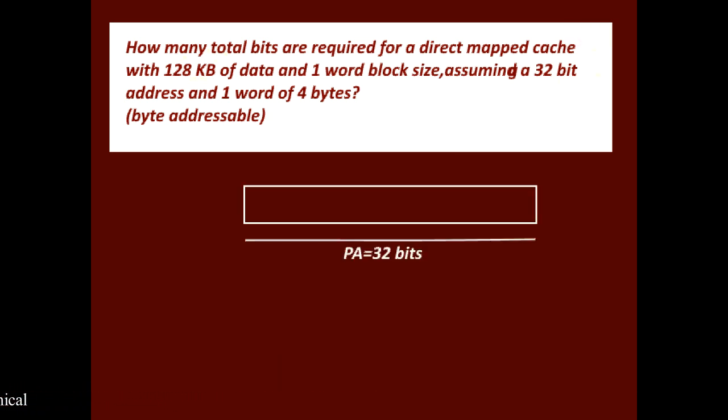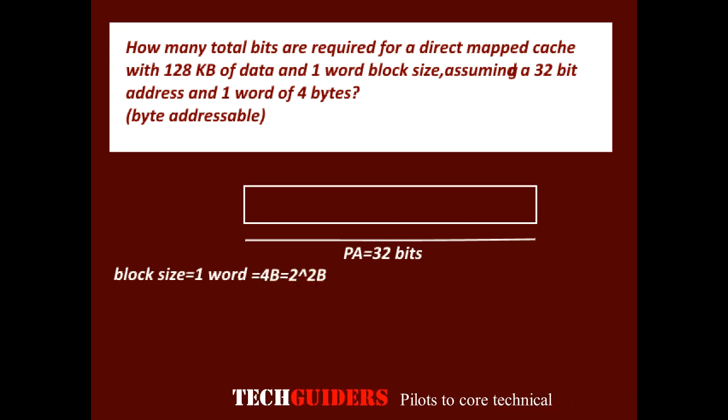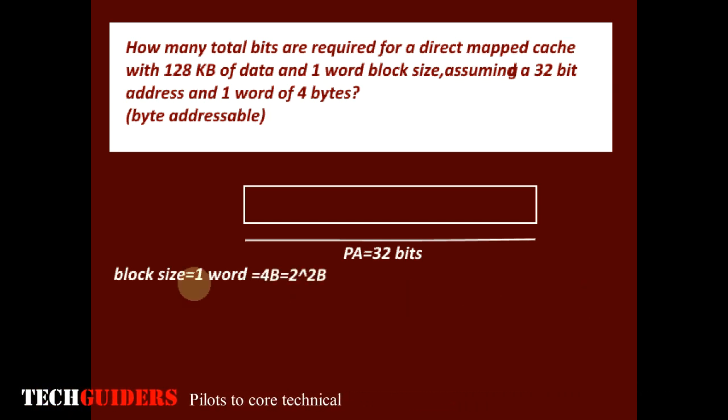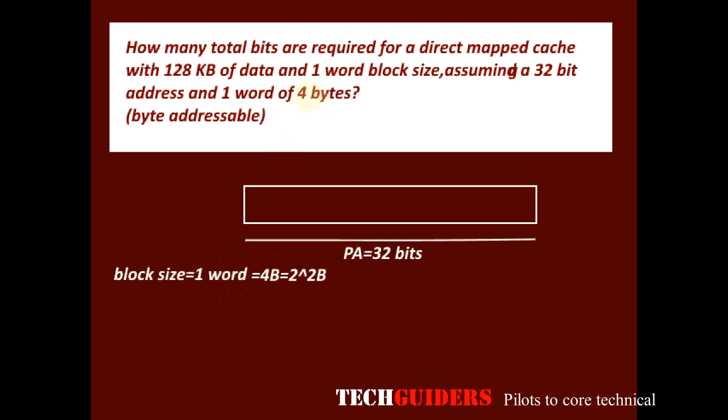The physical address is of 32 bits, referring to the main memory. We can divide it into two parts, the block number or the block index and the block offset. To find the block offset, the block size is given. Main memory block size is the same as the cache block size, which is one word, and each word is of 4 bytes.